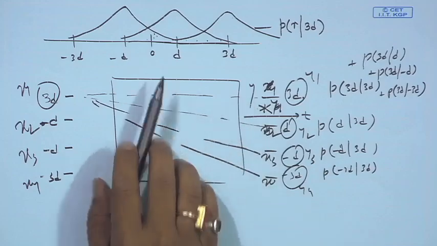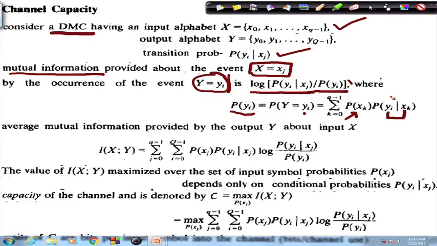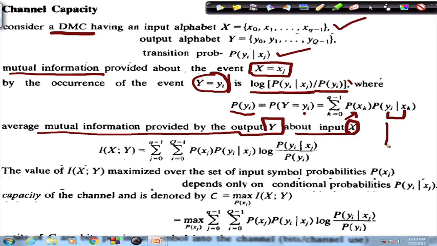This is also straightforward. So, the average mutual information provided by the output variable y about the input x is given by this. If you look at the extension, you are averaging the mutual information over all possible values.